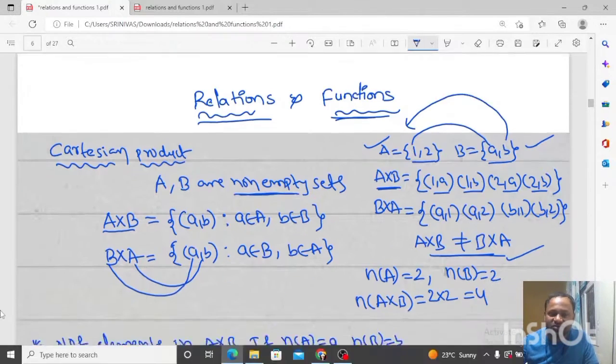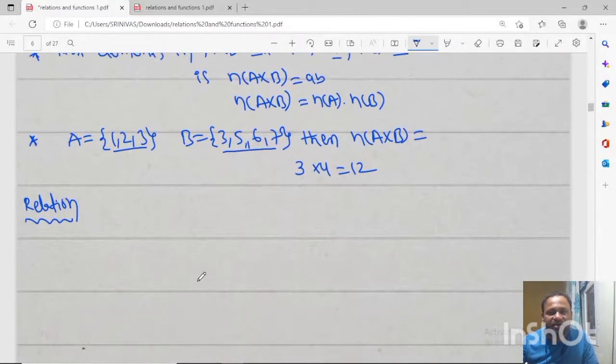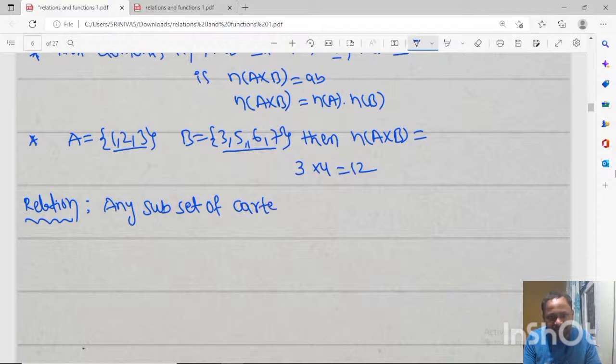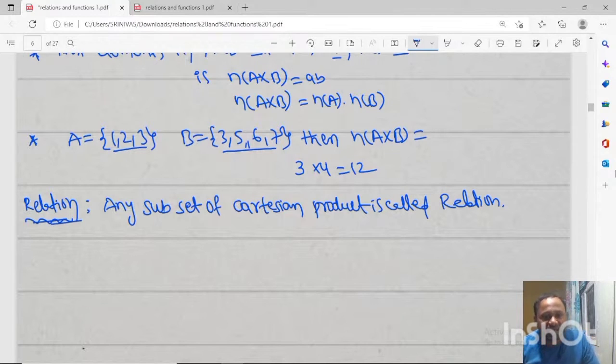I will see first what is relation. Relation is nothing but any subset of a Cartesian product is called a relation. That means any subset of Cartesian products.